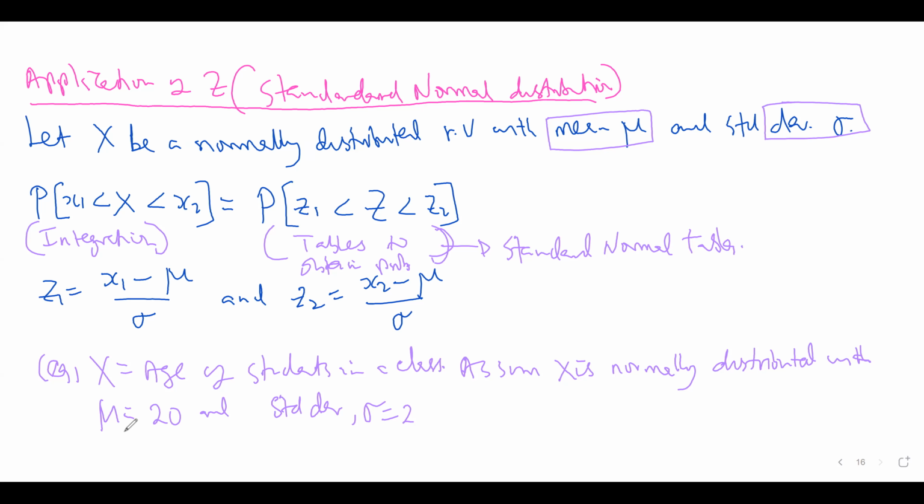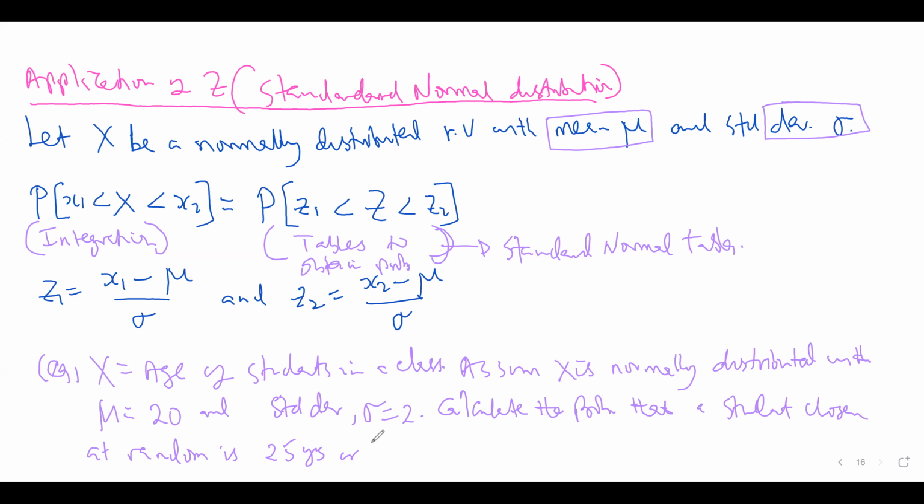Somebody might ask you, calculate the probability that a student chosen at random is, let's say, 25 years or above.